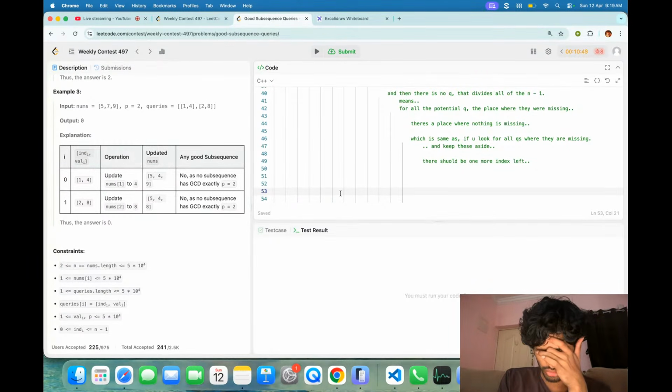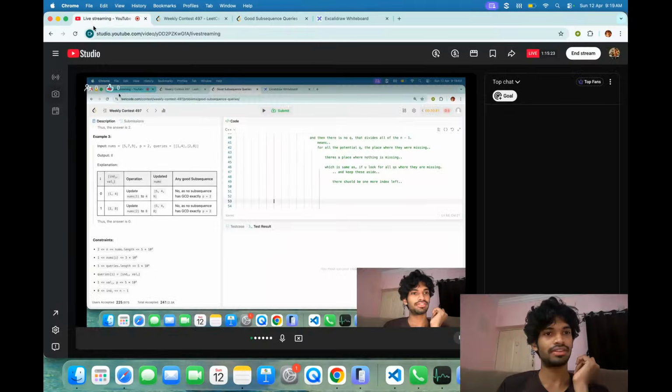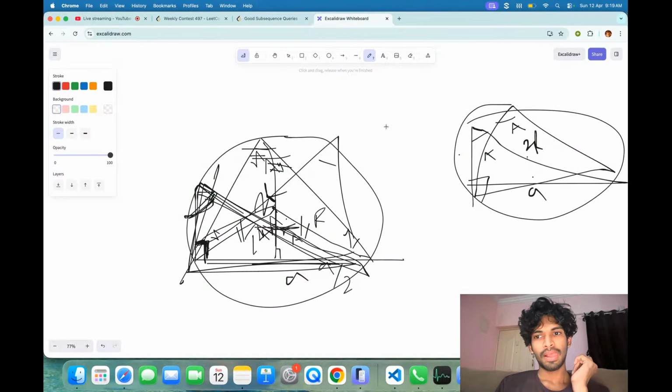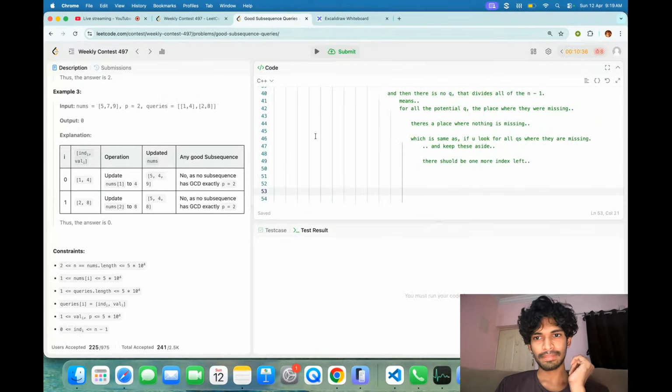Is there a simpler solution? That is what I'm trying to see for some time. Yeah, the LeetCode one itself.